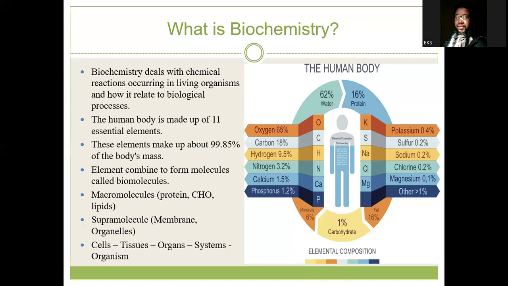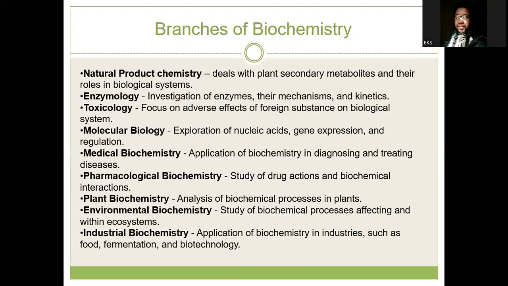The supramolecules give rise to cells, tissues, organs, systems, and then organisms. So we're looking at the elemental composition, even in the human system, where 62% is water, and the remainder is protein, carbohydrates, minerals, and oil that come together to give the human system.